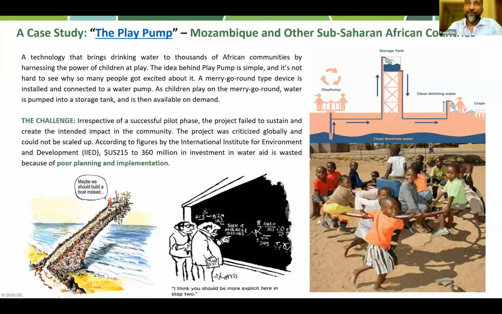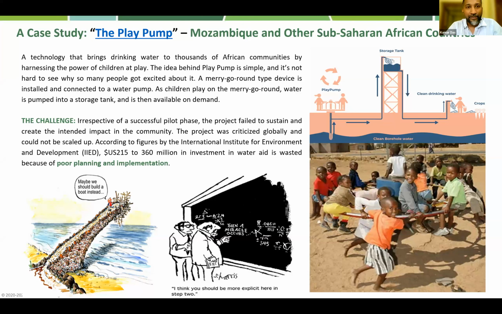This is one of the huge investments that multiple donors made in Mozambique and sub-Saharan African countries. In the initial days in Mozambique, PlayPump did a pilot. We all know that in South Asia, in sub-Saharan Africa, and in other parts of the world, we don't have access to clean drinking water.